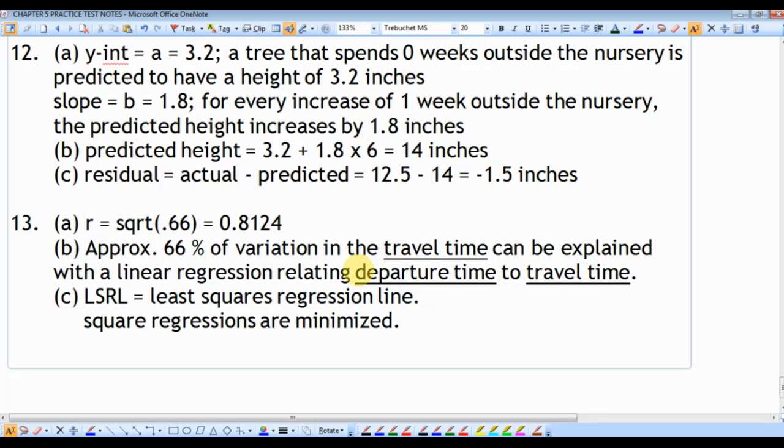What is the question asking? It's kind of an explanation on what is actually going on. What's actually going on for a least squares regression line is the residuals that you get. We're minimizing those residuals. We're minimizing the square of those residuals.